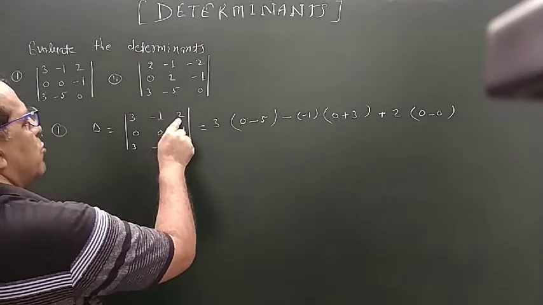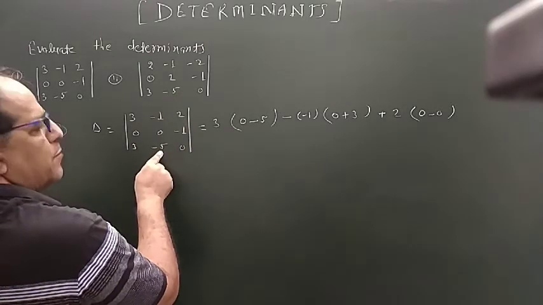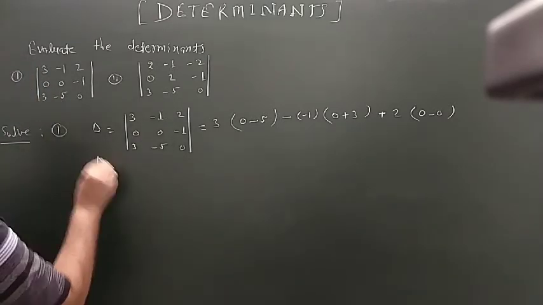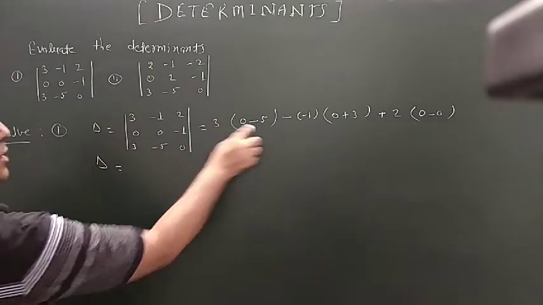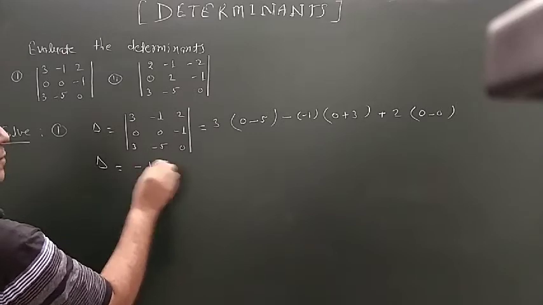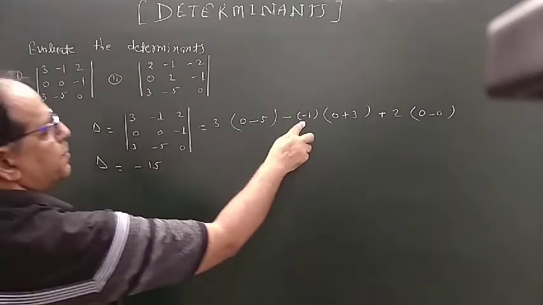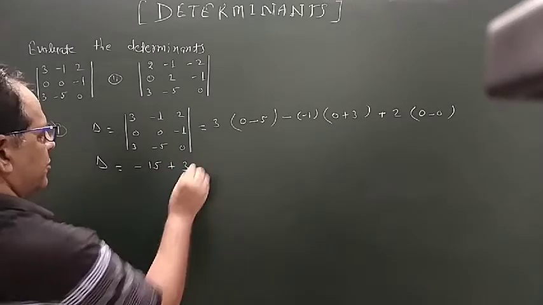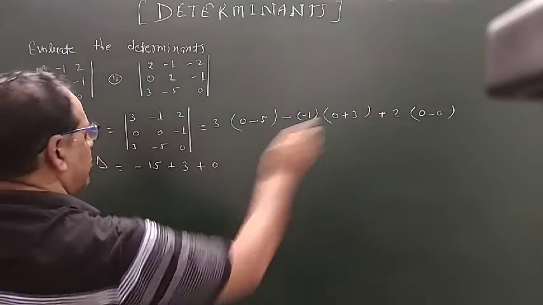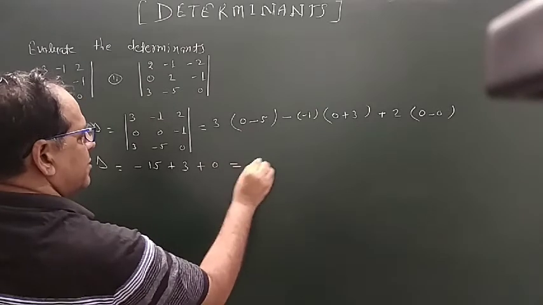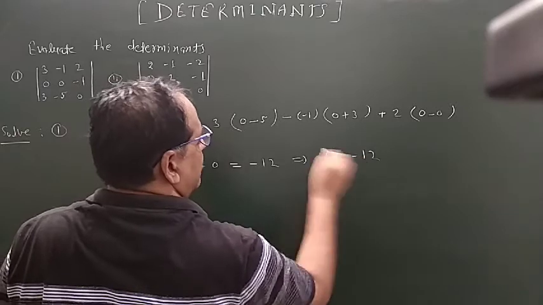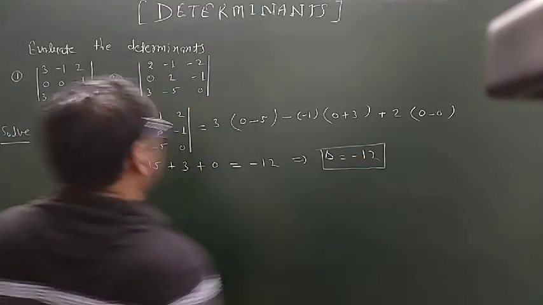So finally del equal to 3 into 5 is 15, minus 15 plus 3, and finally 0. 2 into 0, so this becomes minus 12. So del equal to minus 12. This is the value of the first determinant.